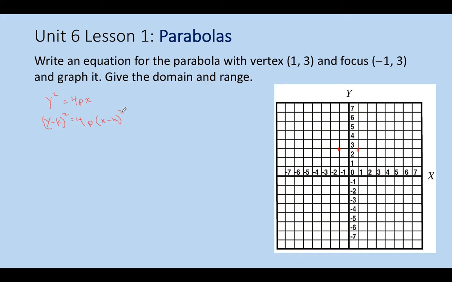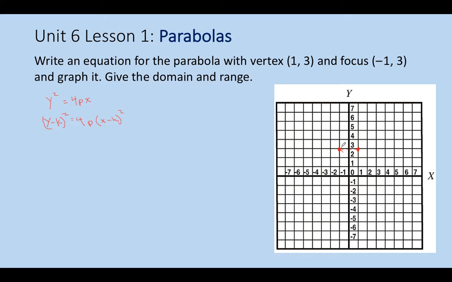Okay, so here's another couple of things. Number one, if this is the vertex, and this is the focus, the distance between them, that's the p-value, well, that would be positive 2. But notice that we're actually going this way.